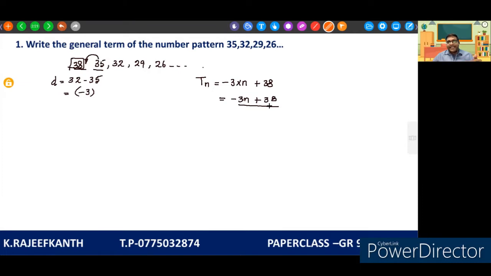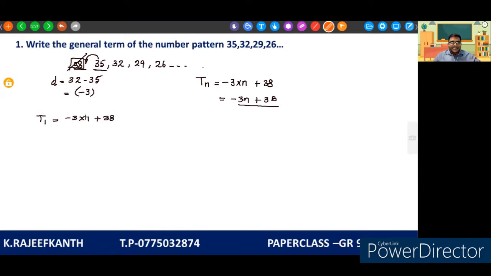Here I will explain in another way. Here T1 is equal to -3 times 1 minus 3. Here the first term is 35. So if we add 38 with this -3, then we can get the first term 35.